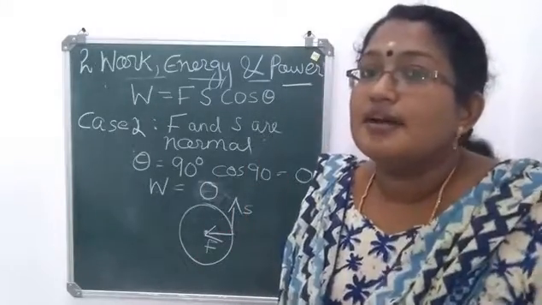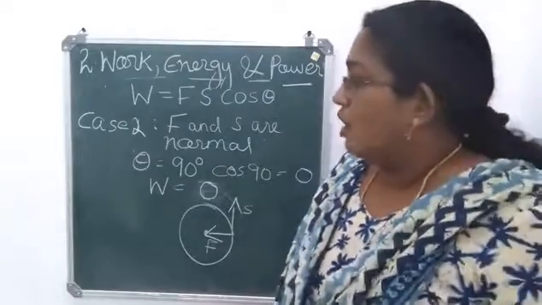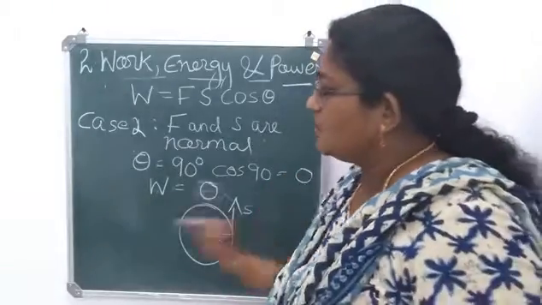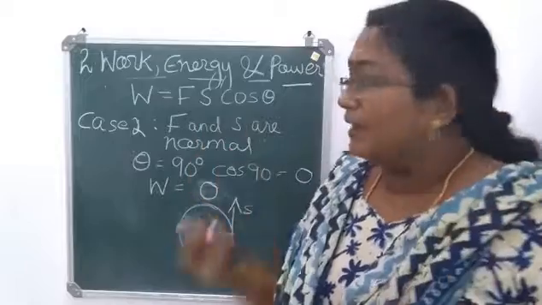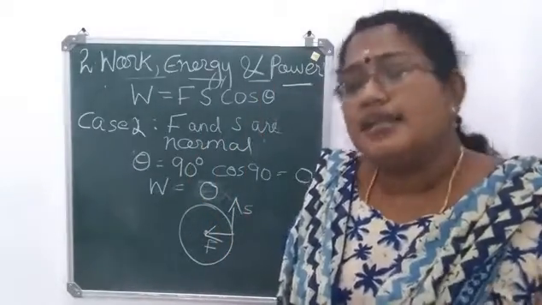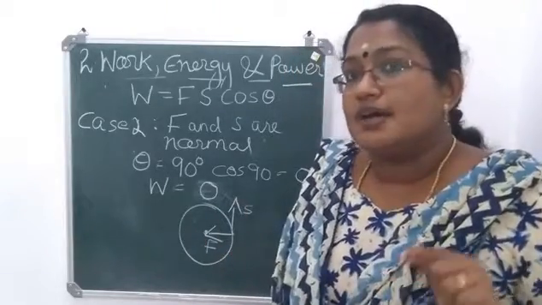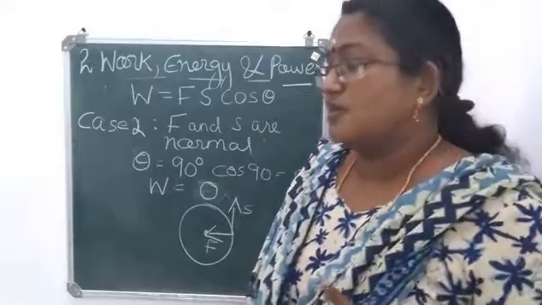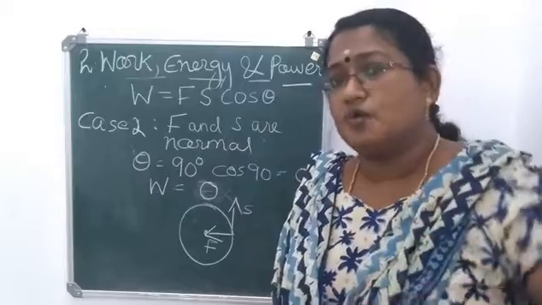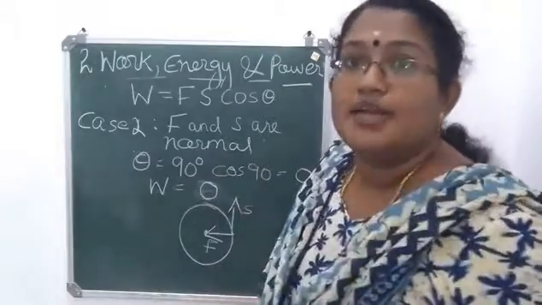Okay. So work done will be 0 for a body moving around a circular path, because here the force required for circular motion is centripetal force, which is acting in the inward direction, but the direction of the body will be perpendicular to it. Now another example: when you are walking on the floor and considering the gravitational force, it will be acting in the downward direction, whereas motion is horizontal, isn't it?